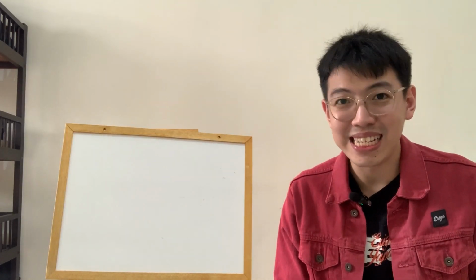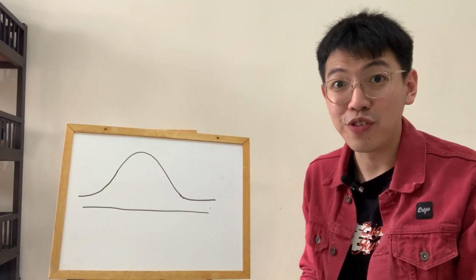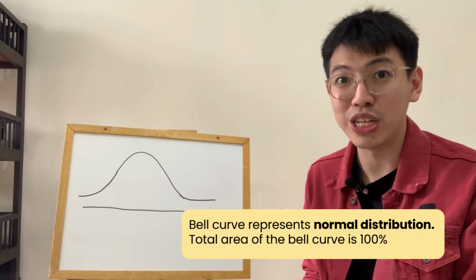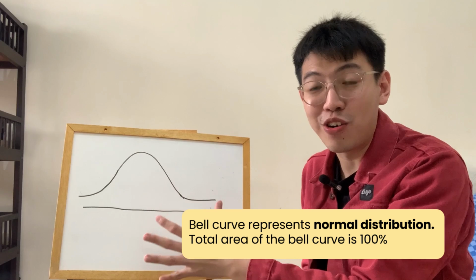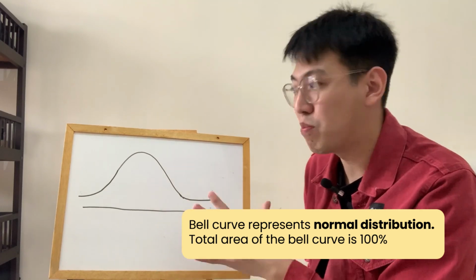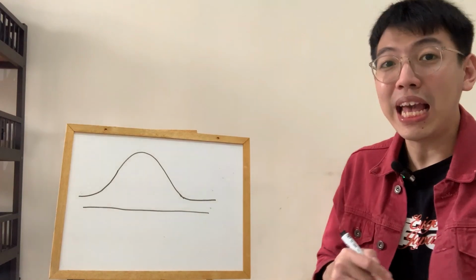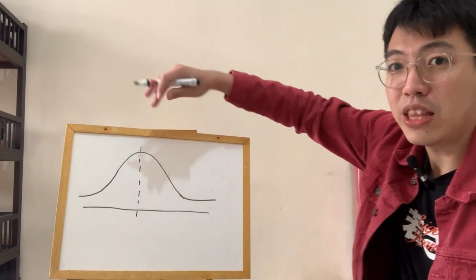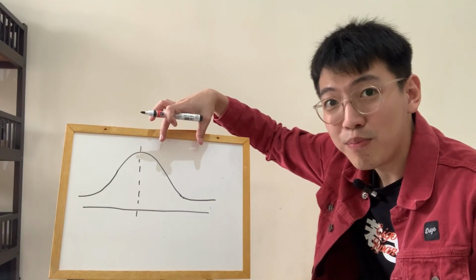The question is, what area? This is the bell curve. The bell curve represents normal distribution. The total area of this bell curve is 100%. If I divide this bell curve into two, it will be 50% and 50%.